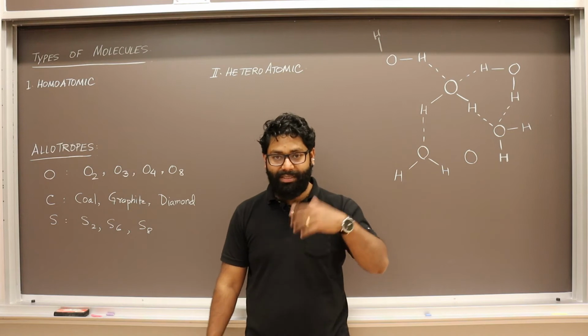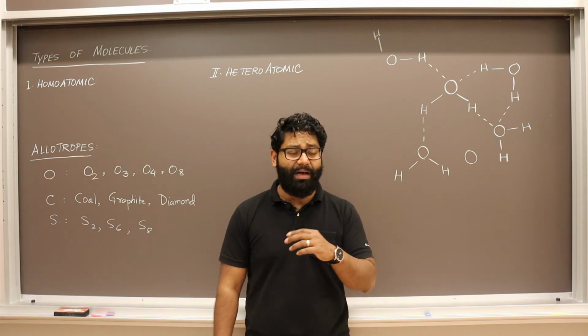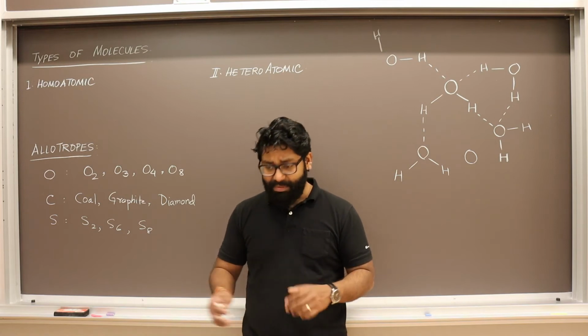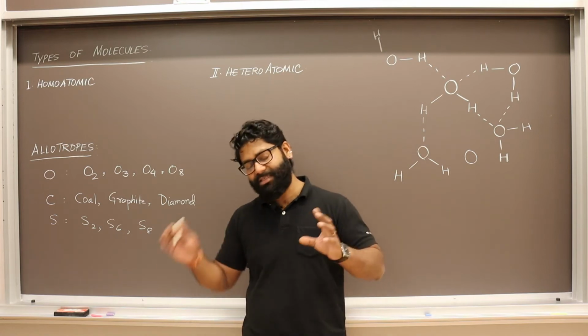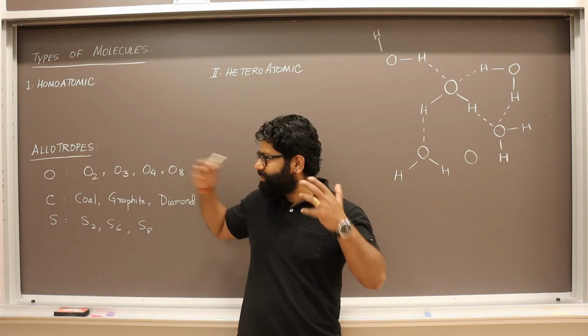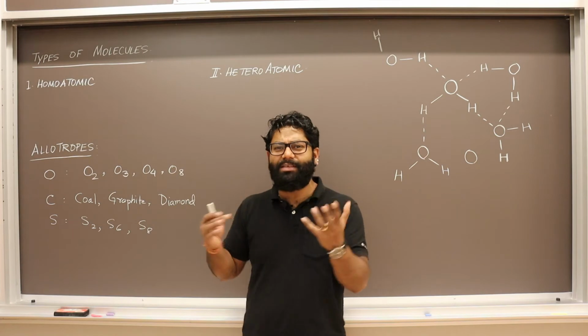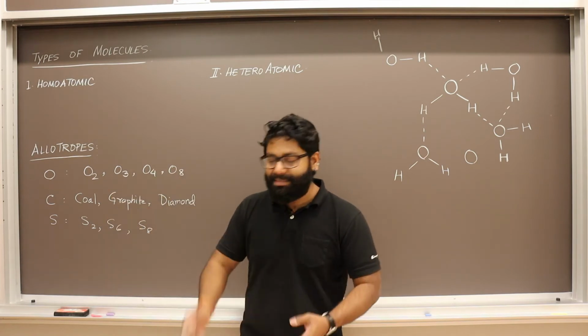We'll discuss those later. There's also isomorphism, isotopes and things like those. We'll discuss those things, but it's a good thing to know that there are allotropes, and these are the different allotropes that exist.